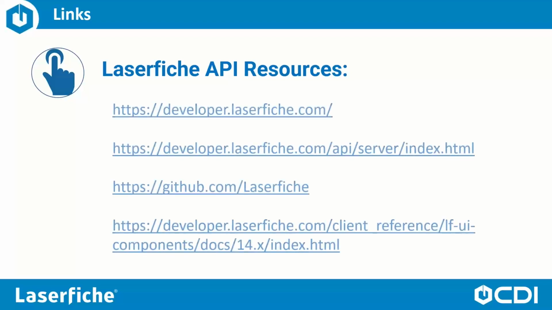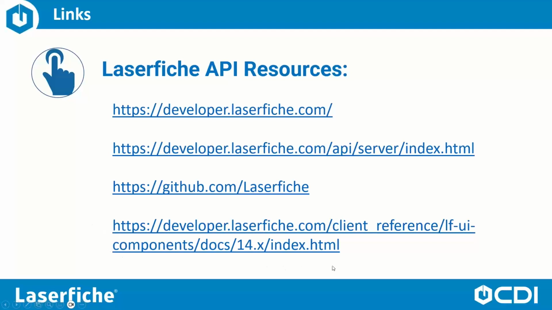Some of the links that I showed and mentioned throughout: developer.laserfiche.com. This is anything you need to know on the API. Developer API server index information, the GitHub where you can get ideas and already configured connections.